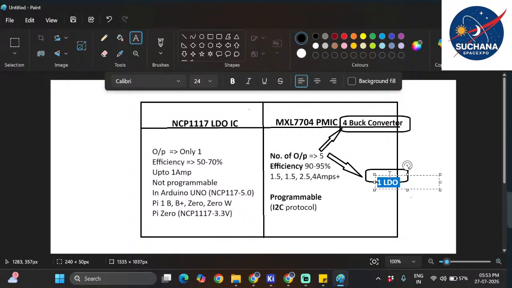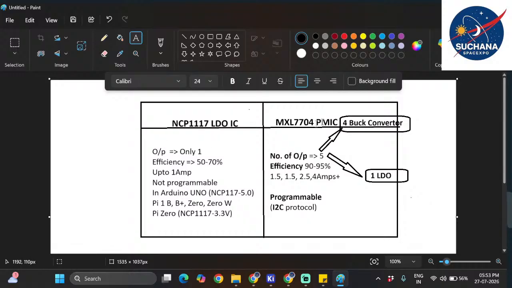So now tell me, if you observe both of these, this NCP 1117 IC is just one low dropout voltage regulator. But this MXL 7704 internally has one low dropout voltage regulator along with 4 buck converters.